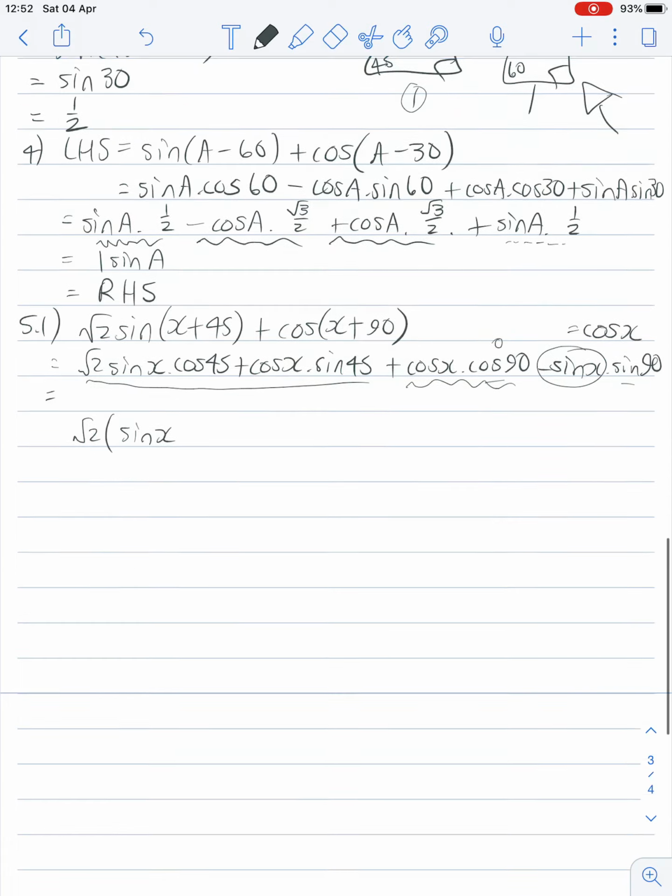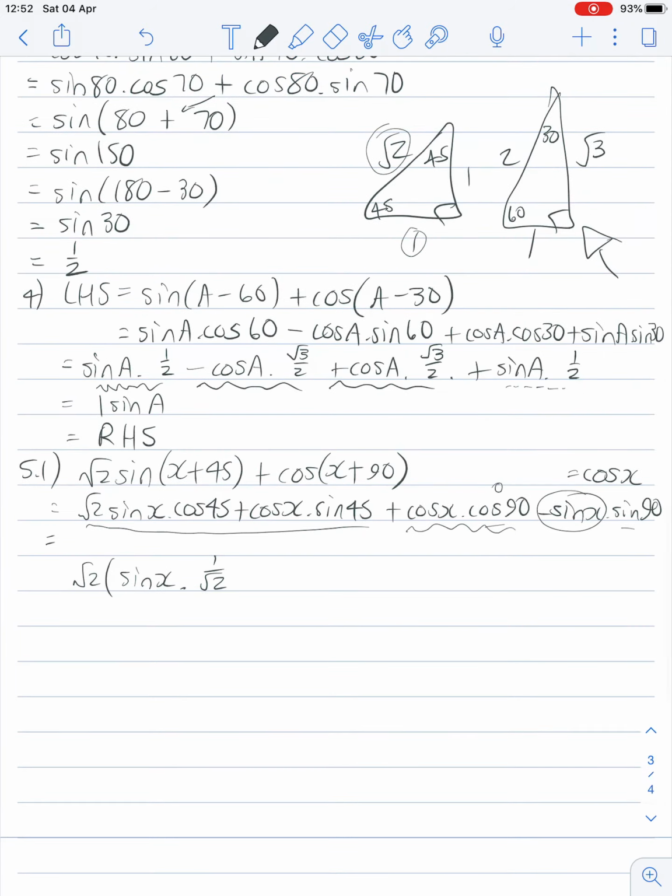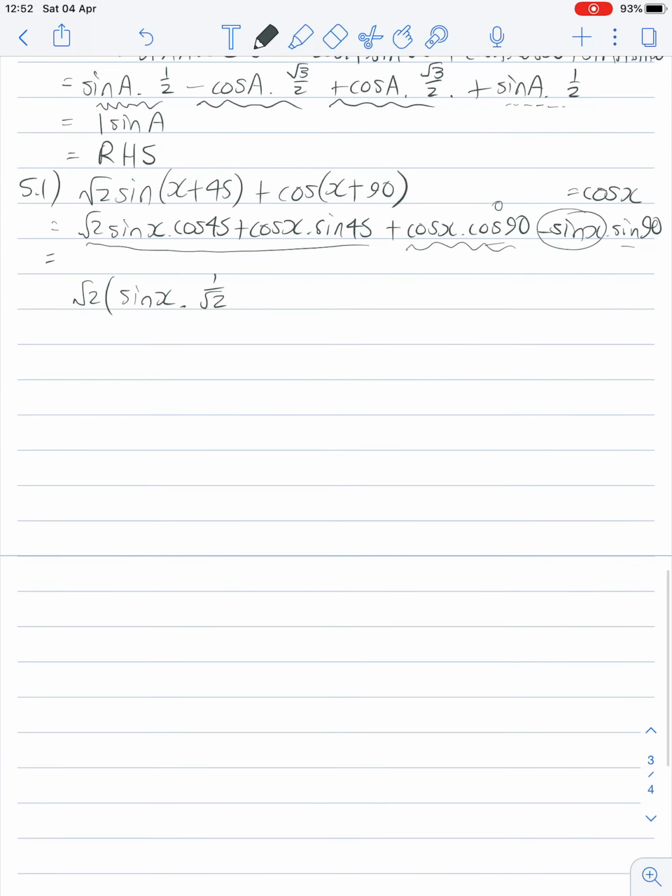So if I've taken out a root 2, I'm going to have 1 over root 2 over there. Is that right? Let me just remind myself. What is cos 45? There we go, 1 over root 2. Yeah, these can get quite tricky, hey?